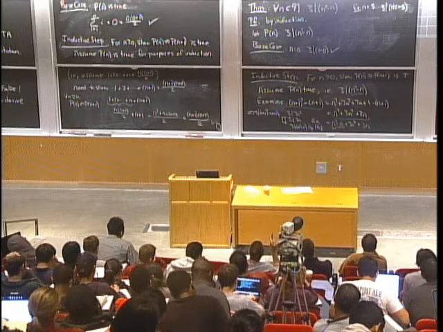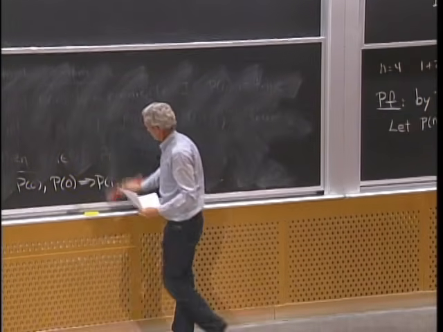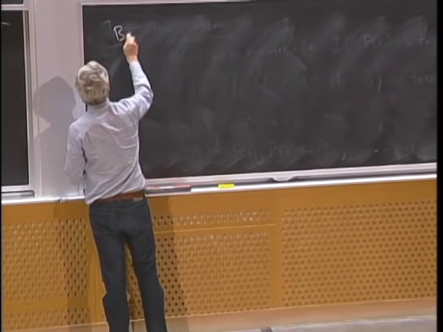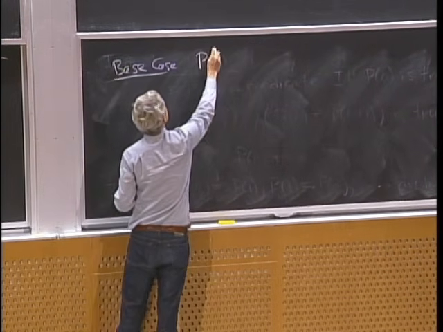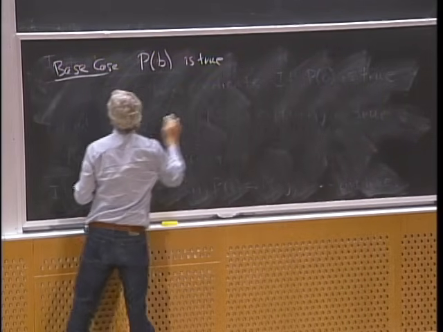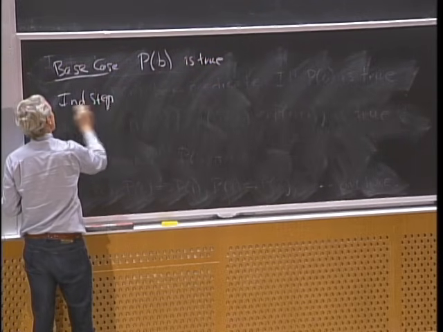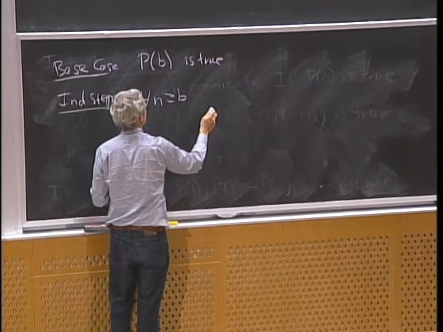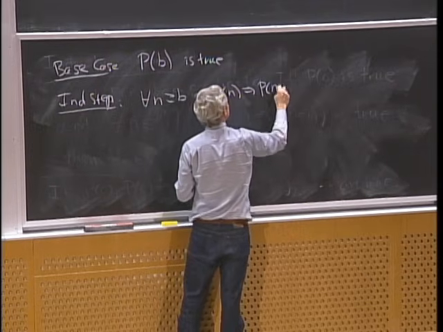Let's take a look at that. So you could have, for the base case, P of b is true, not P of 0. And then for your induction step, you would have, for all n bigger than or equal to b, Pn implies Pn plus 1.